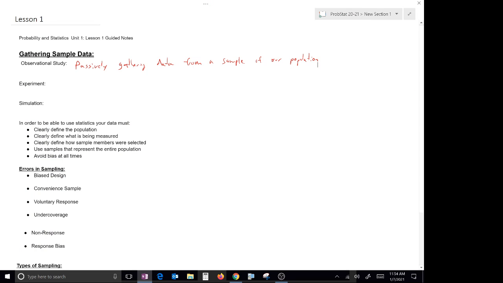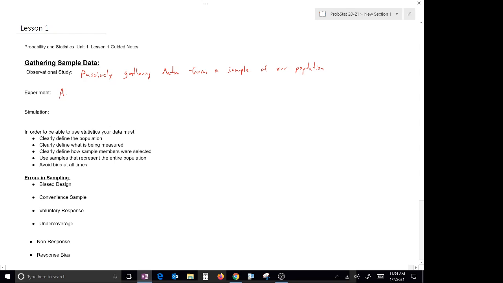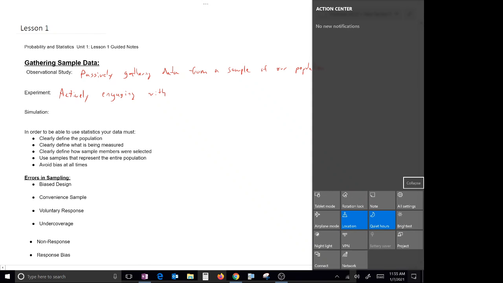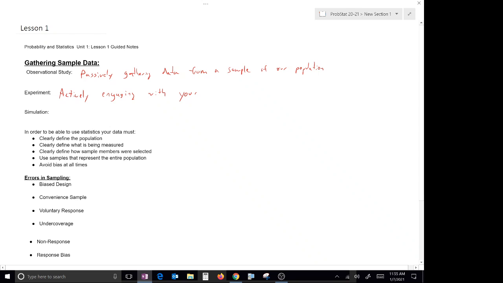So an experiment is actively engaging with your sample to gather information. I shouldn't say subject, say sample.